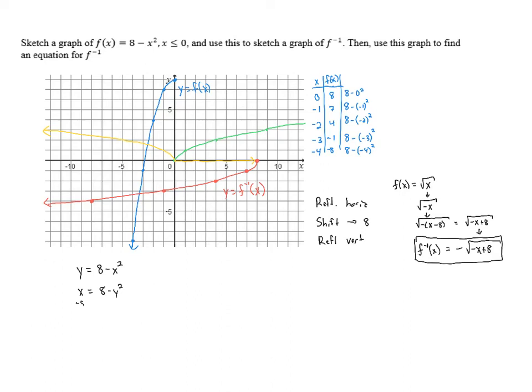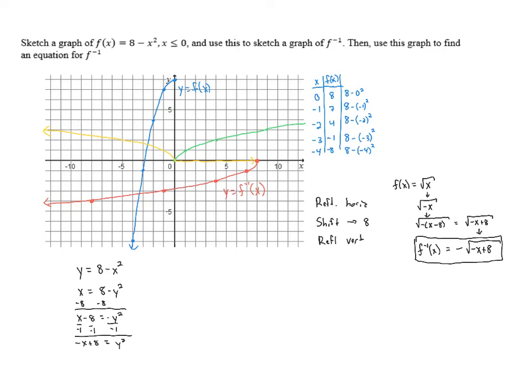So I'm going to subtract 8 from both sides. That gives me x minus 8 equals the opposite of y squared. Then to get the y squared to be positive, we can divide both sides by negative 1. That gives us negative x plus 8 equals y squared.